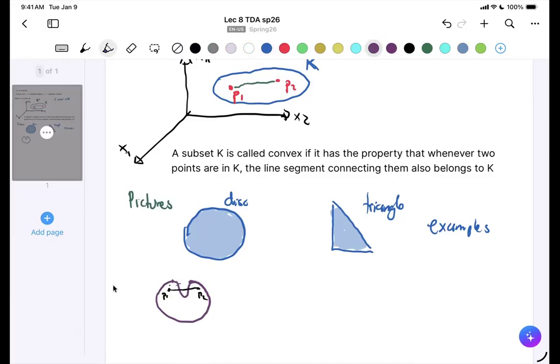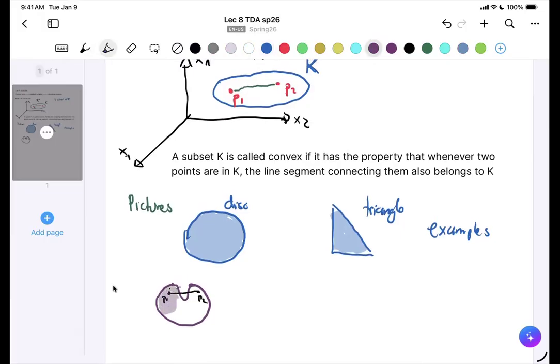So it's very easy in practice to come up with non-convex sets. The majority, in a sense, would be non-convex. Convexity is a very special property. So this is another example.